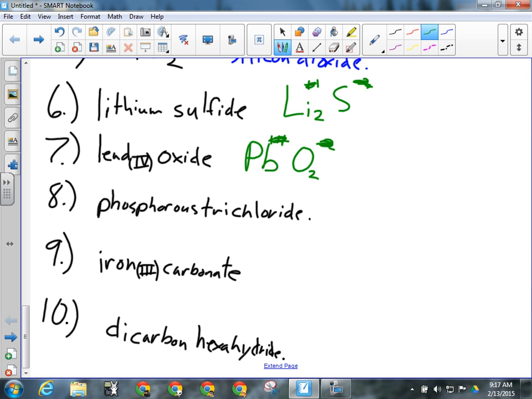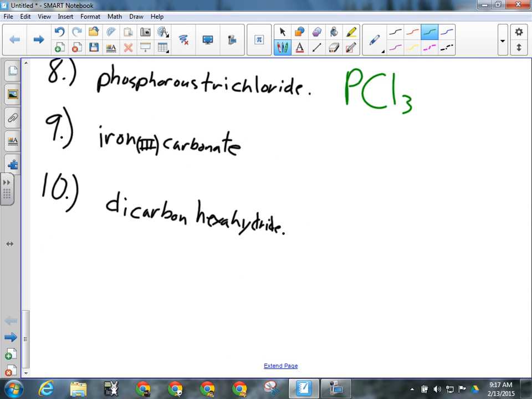Number 8, phosphorus trichloride, molecular compound. There's no prefix on phosphorus, so that means there's how many of it? 1. And trichloride means that there's 3, PCl3. Number 9, I've got a metal that has more than one possible charge.